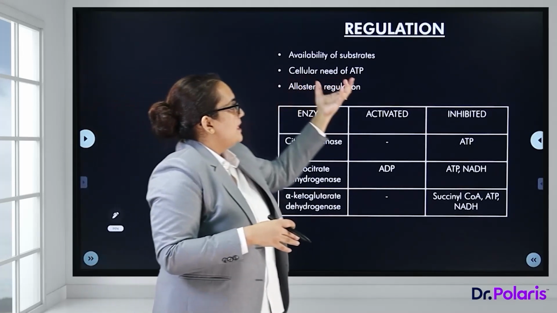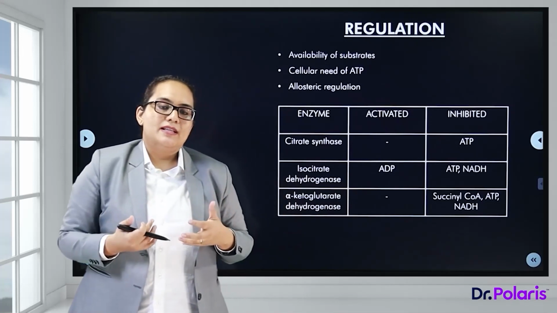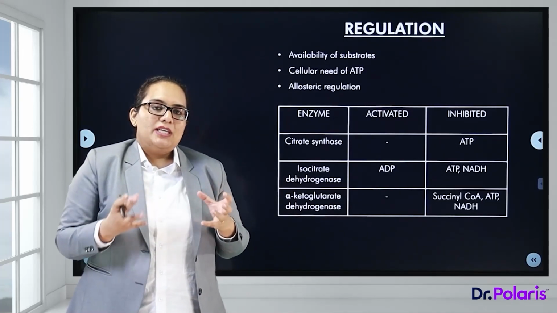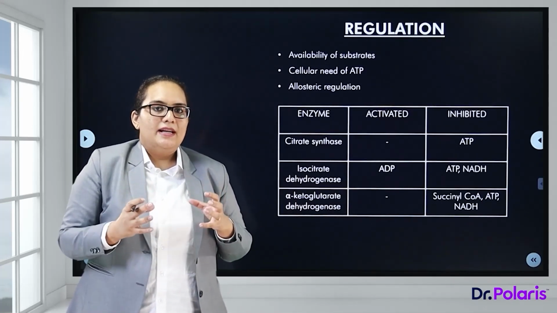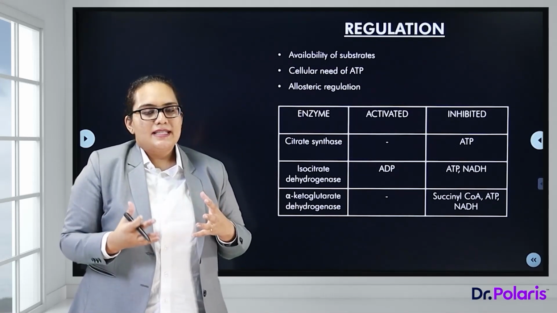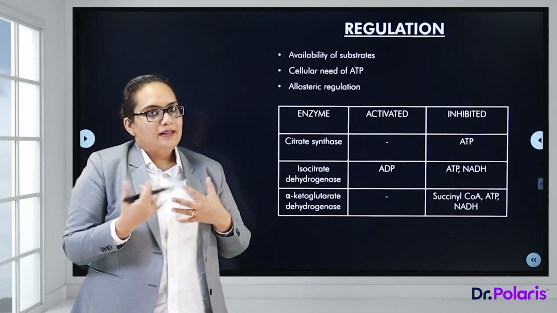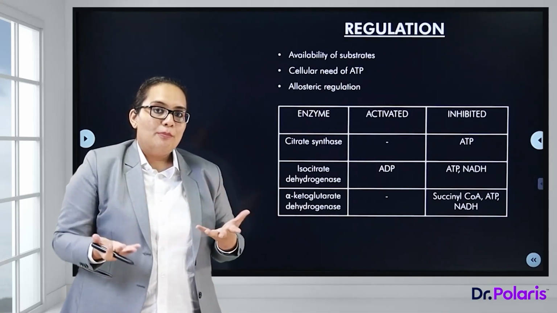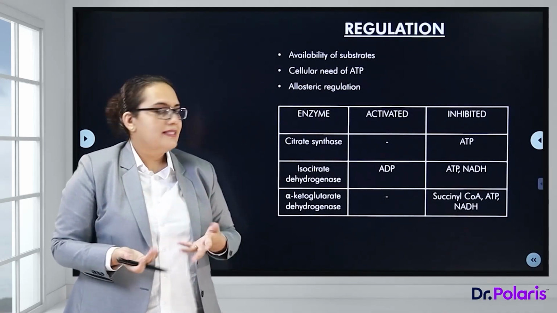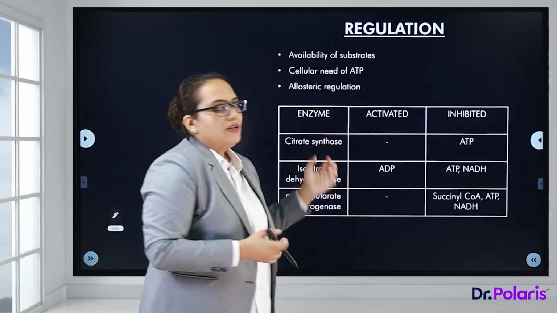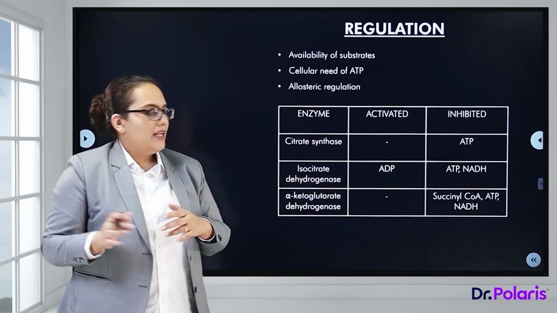The next thing is the need of ATP for the cell. So if the energy of the cell is adequate, then TCA cycle won't operate. If the energy of the cell is low, then the citric acid cycle will operate so as to provide energy for the cell. And the regulation occurs mainly by allosteric regulation.